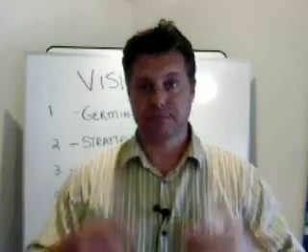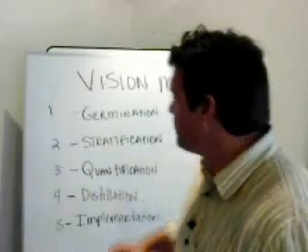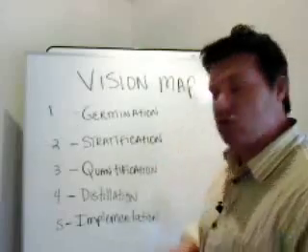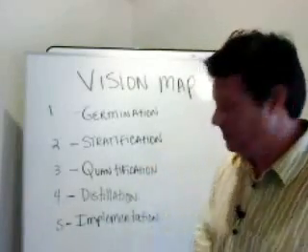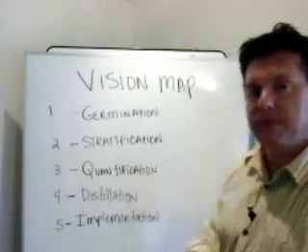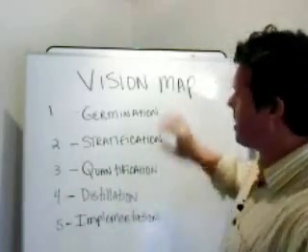It has this vision map. This is the composition. So the 5 components are: 1, germination; 2, stratification; 3, quantification; 4, distillation; and 5, implementation. So let's start off with germination.